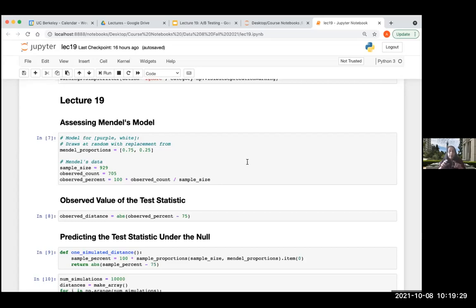But if the distance is large, which means if the proportion in the sample is either much smaller or much larger than 75, then we are going to worry. Then we're going to say maybe something is wrong with the model. So that is why we chose to use the distance, that is absolute value.